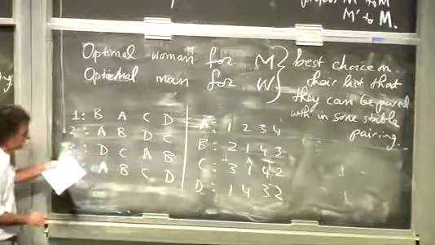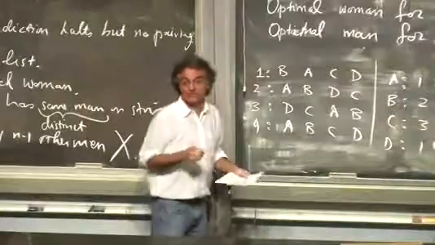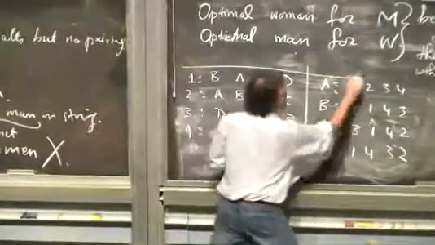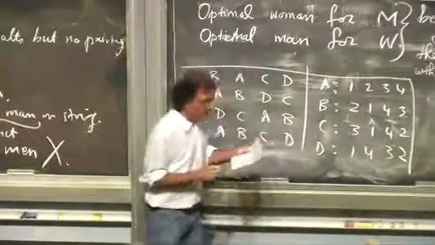And I claim that there are 4 different stable pairings. Okay, so in this scenario, there are 4 different stable pairings.